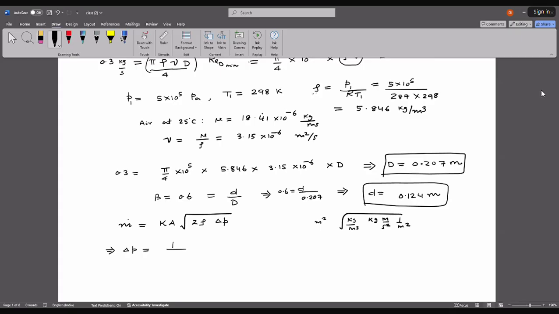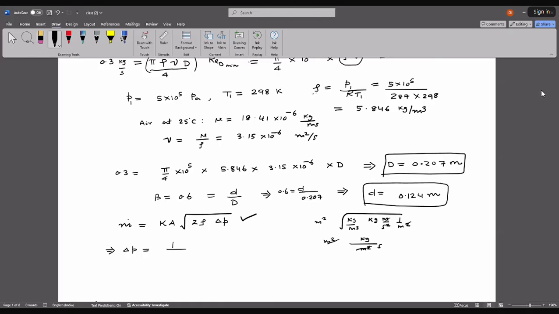So if I do this, meter square, kg per second. This is correct. This formula is correct.